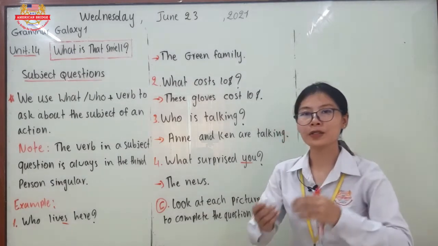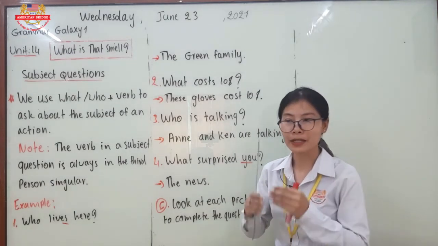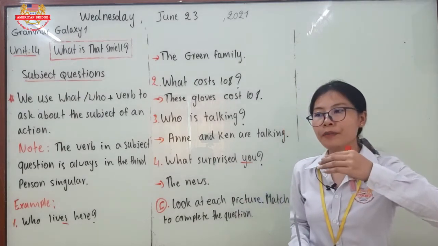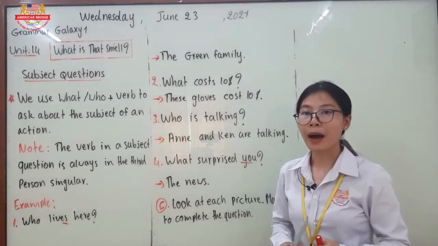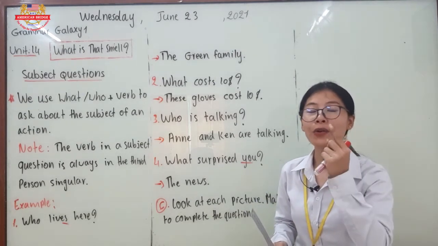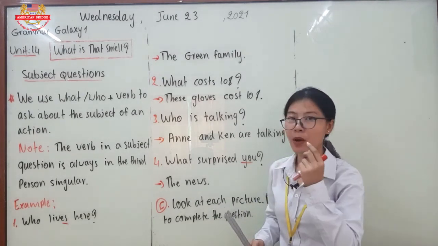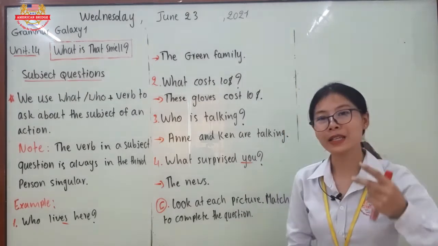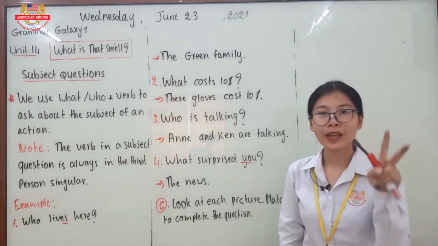Again, everyone. When you use who to ask about the subject, it means that you want to ask about who does that action. But if you ask about what, you want to know what action he or she does. So it's opposite, right?